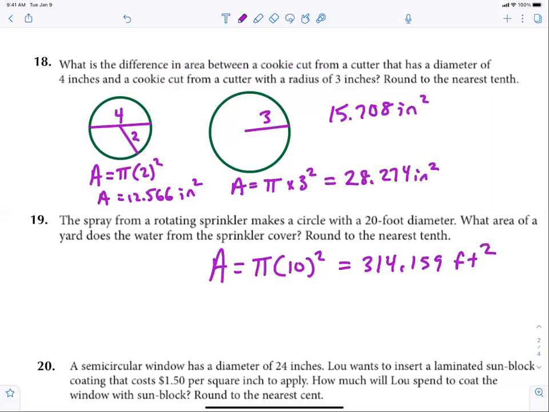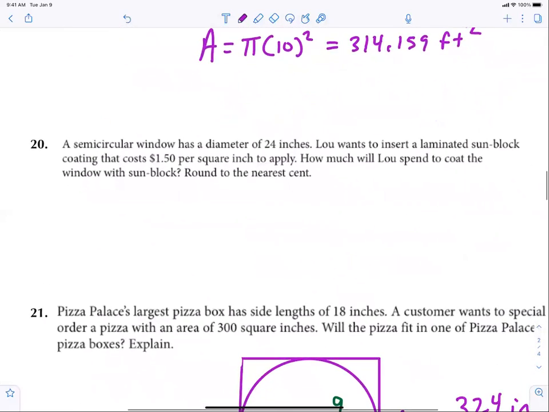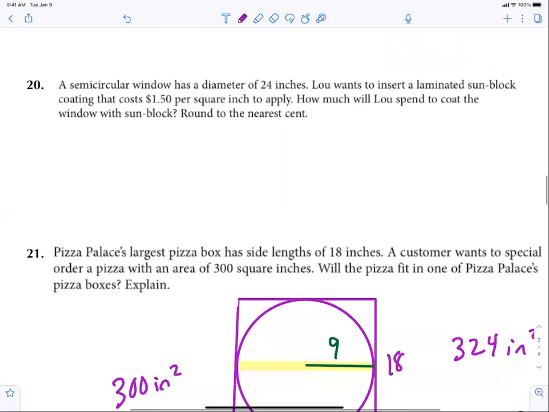All right, so now I'm on 20. You haven't done one yet, go. What does semicircle mean?